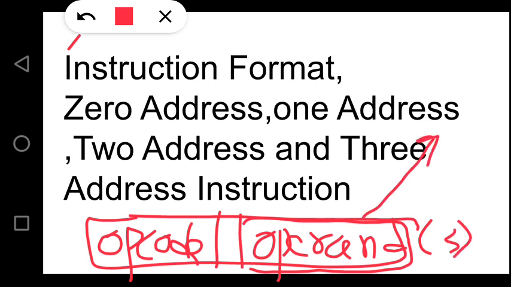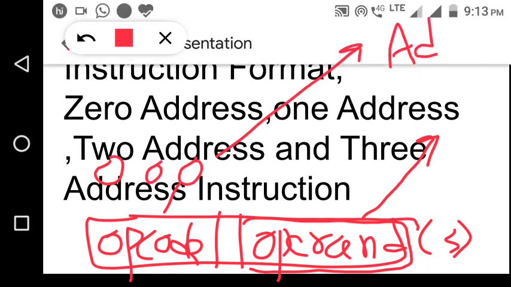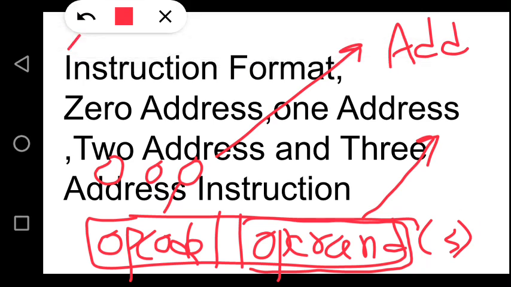Let's assume I have an opcode 000, which means I need to perform an add operation. When I need to perform an add operation, on what? It requires some operands. If somebody asks you to perform addition, immediately you will ask, give me the numbers, and I will perform addition.